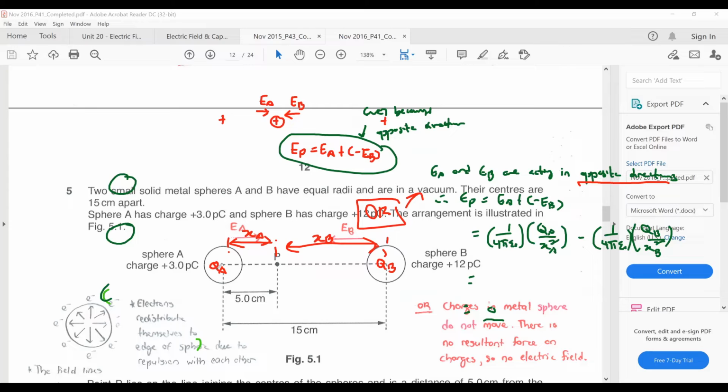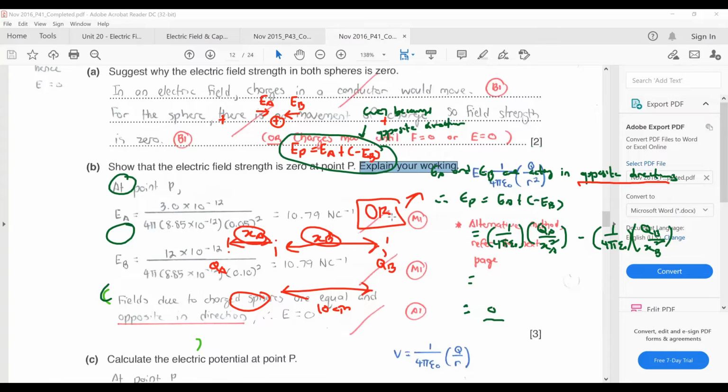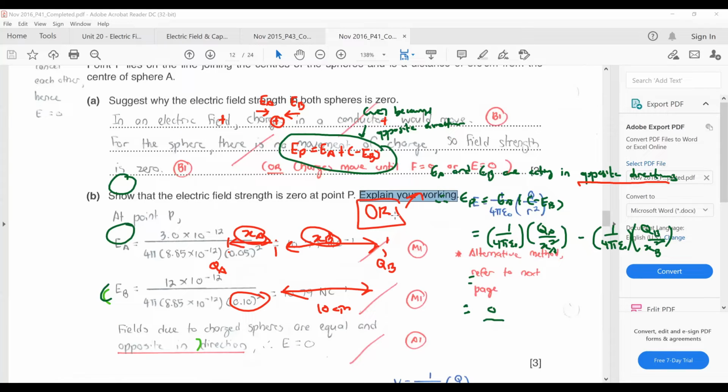Okay, XA is the distance between charge A to the point that you're considering. XB is the distance between your charge B to the point that you're considering. They are different values. XA will be 5, XB will be 10 centimeter. All right. So you just substitute your values accordingly and you get your answer.